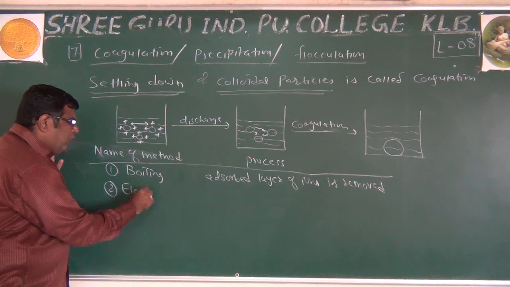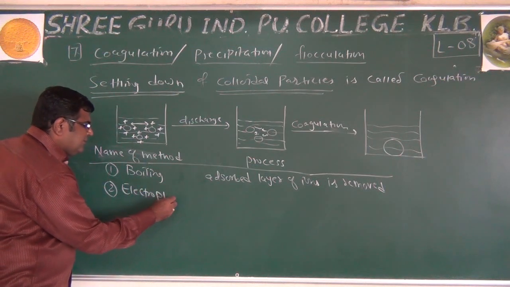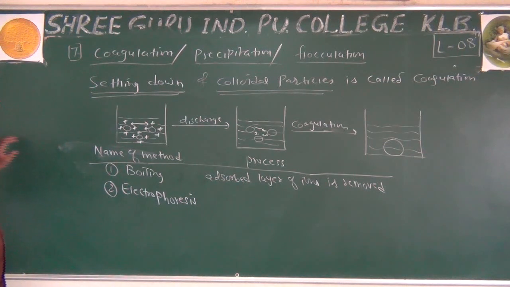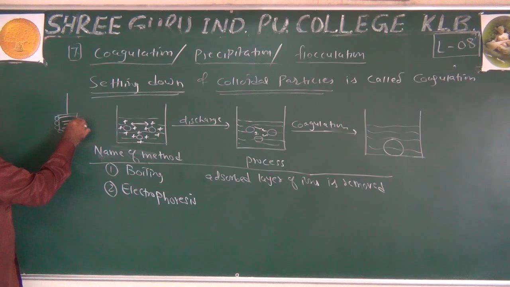Another is by electrophoresis. What happens in electrophoresis? This is the electrode here, and at this electrode, these colloidal particles are accumulating. So they get discharged and they grow in size and they settle down. And settling down itself is called coagulation.